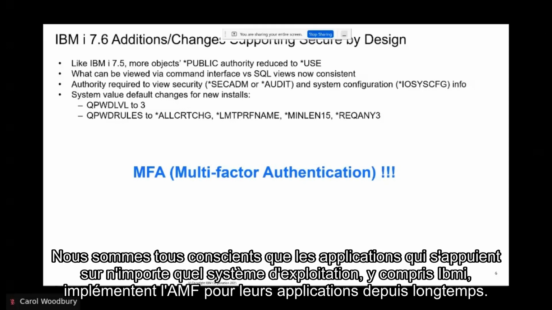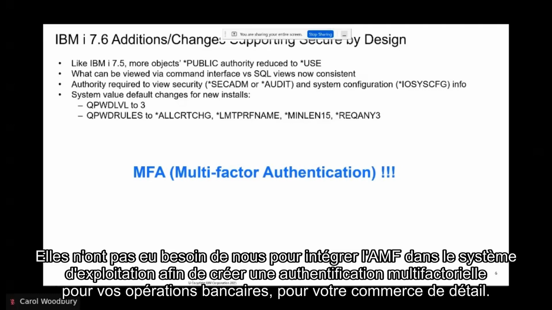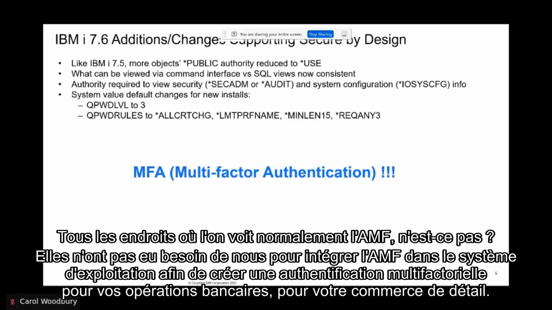They didn't need us to have MFA embedded in the operating system to create multi-factor authentication for your banking, for your retail, all the places we normally see MFA, right? So why did we need to put it within the operating system?